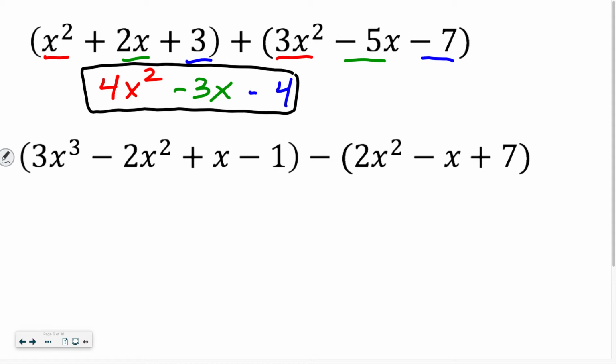To change it to addition, I'm just going to add the opposite of every term behind the subtraction sign. So this is going to turn into plus, which means this is really negative 2x squared, positive x, negative 7. And then I can go through just like I did in adding and just combine like terms. I don't have to worry about remembering to subtract. Okay, so let's see. 3x cubed doesn't have a like term.